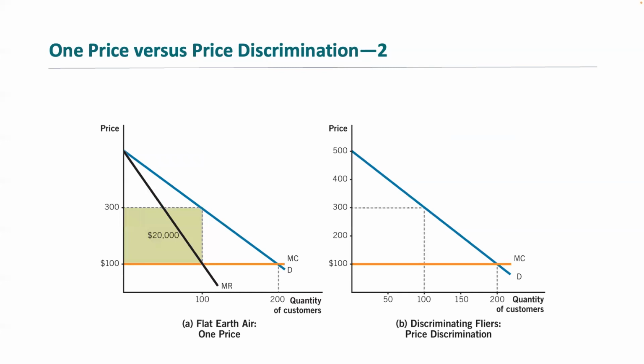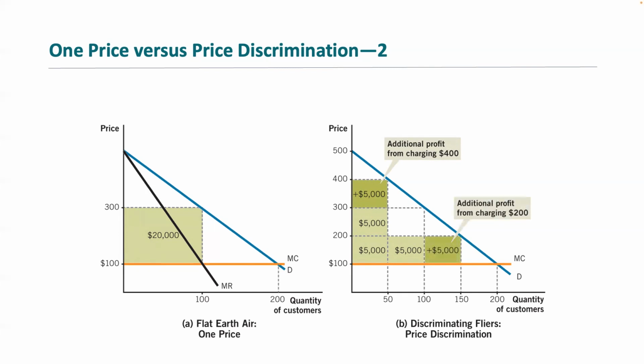Now with Discriminating Flyers, they have their price discrimination, which means they're charging different people different prices. And this allows us to gather some additional profit in some cases by charging an additional 400, but then we have some profit that we lose by not just charging everybody that flat fee.